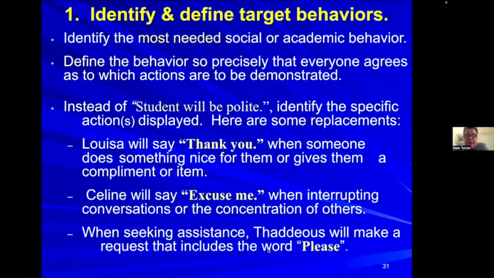So for my class, that's the 430 section, target behaviors can be the behavior that you want to increase, the desired behavior, or target behaviors can be the behavior that you want to decrease or eliminate. Either one follows the same directions.